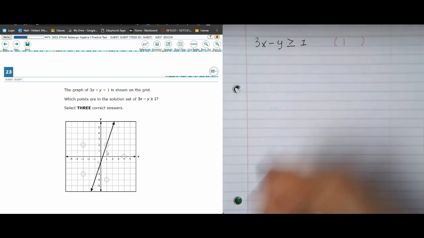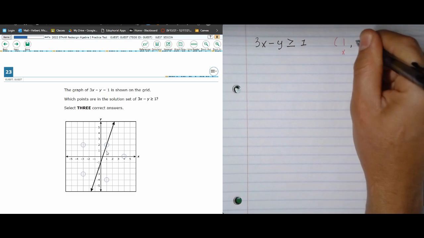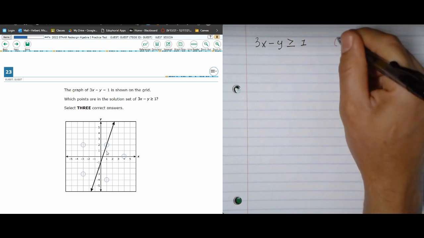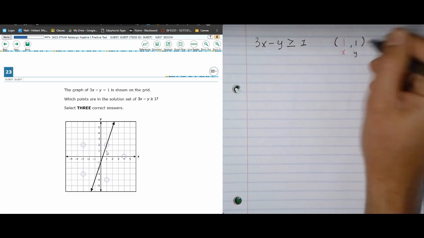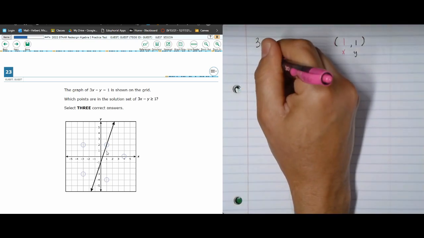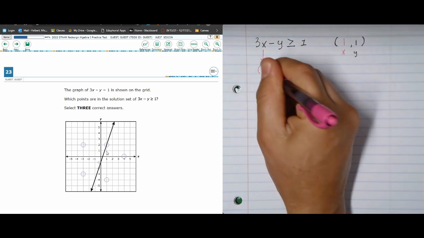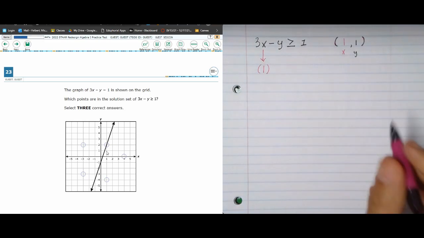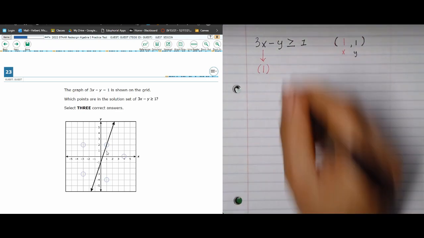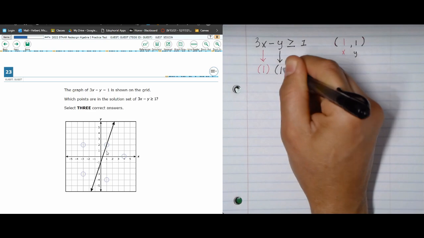Let's see, I'm going to put my 1, that is my x value, and remember that the second one is my y value. So I have my ordered pair that I'm going to test, and what I'm going to be doing is replacing the x with this value of 1 here in parentheses, and replacing the y with a value of 1 in parentheses.